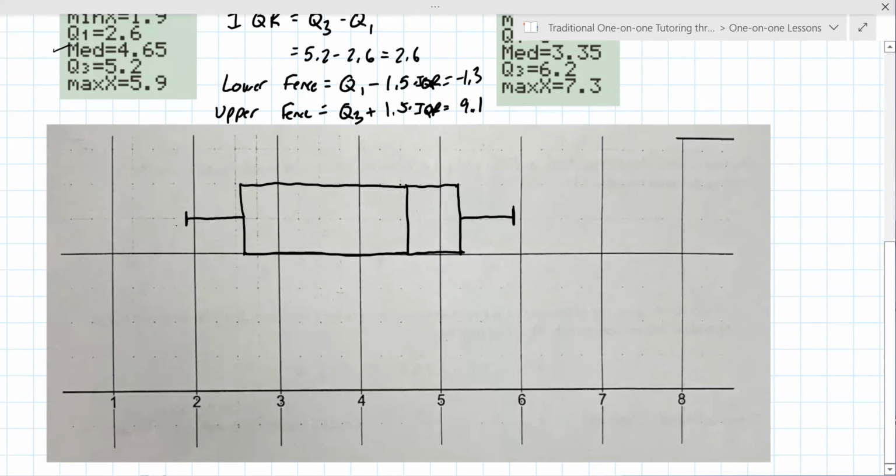So generally, but not always, that's Q1, that's Q2, the median, that's Q3, and that's Q4, the max. Actually, these are better. Say min and max.